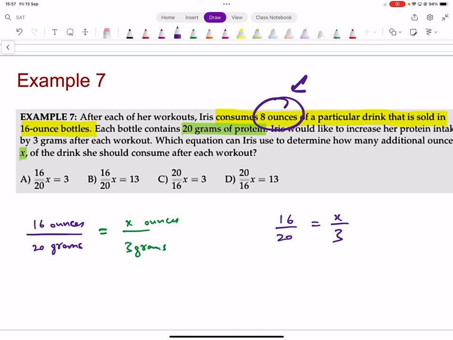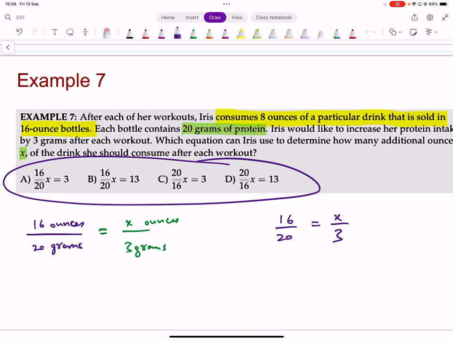So यहाँ पे we are not using 8 ounces anywhere. So you don't necessarily have to use all the information given in the question. Sometimes you can work out the answer without using all information. ठीक है? So what do you get from this? So this is the equation that I'm getting. Now you can compare which of these equations it corresponds to.